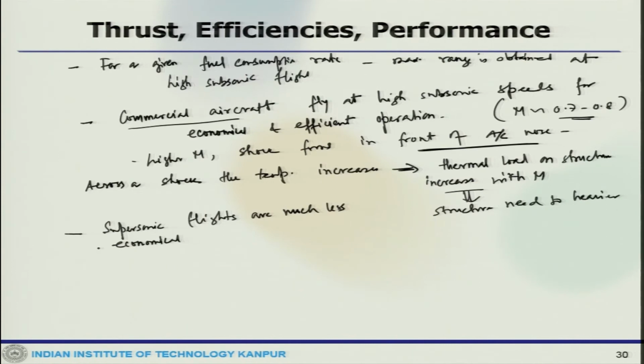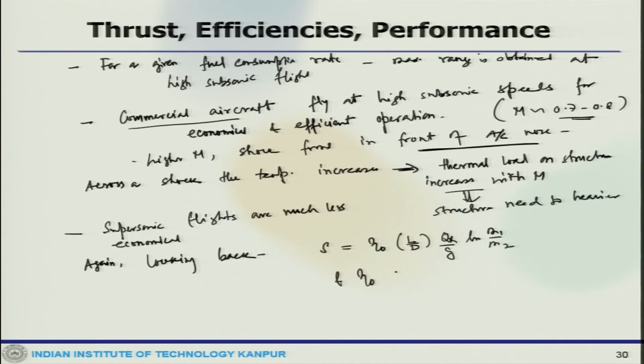Again, looking back to that range equation, what we obtain is L by D, Q R by G, ln m1 by m2, and eta naught is T u by m dot Q R. Okay.